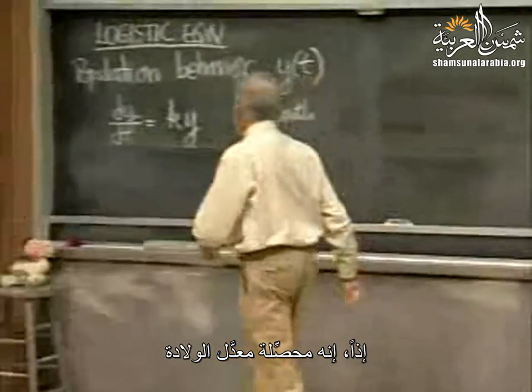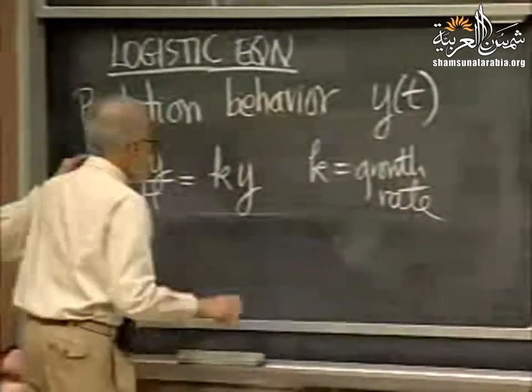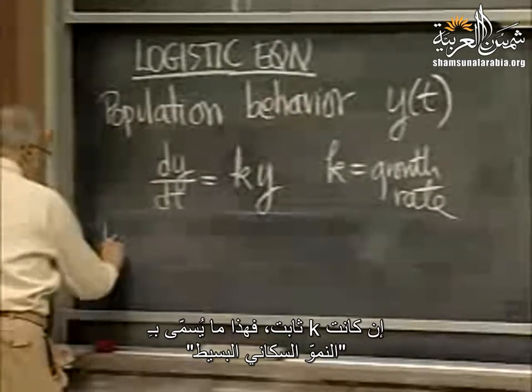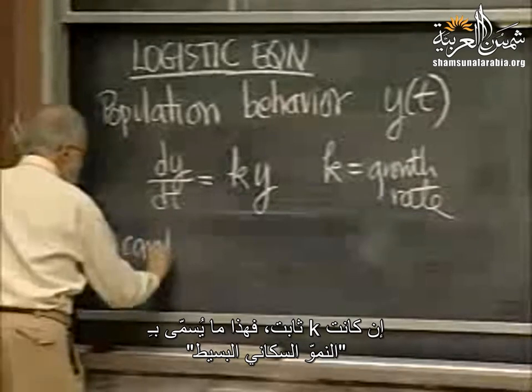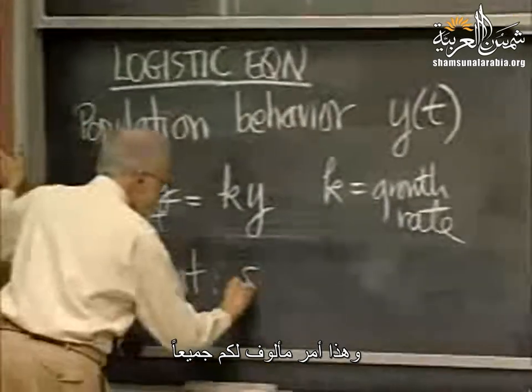But let's just call it the growth rate. If k is constant, that's what's called simple population growth, and you're all familiar with that.